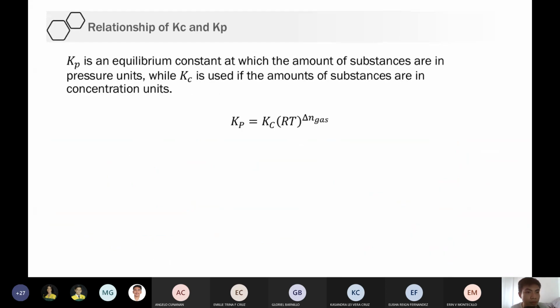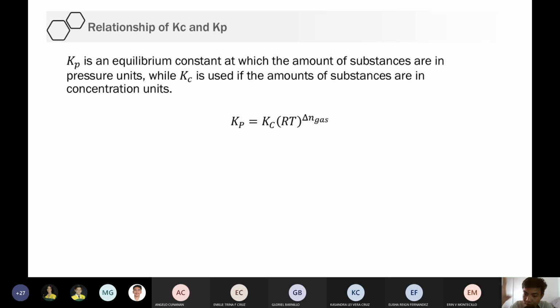Punta na tayo dito. So, di ba sabi ko kanina that for gaseous species, we can write Kc and Kp. So, we know that Kc is the equilibrium constant expression in terms of concentration, while Kp is the equilibrium constant expression in terms of the pressure.